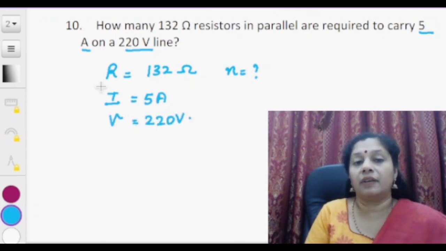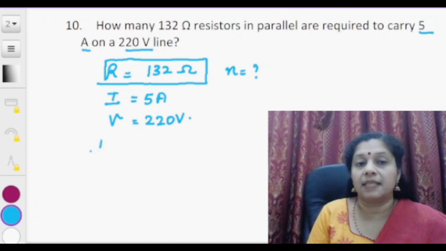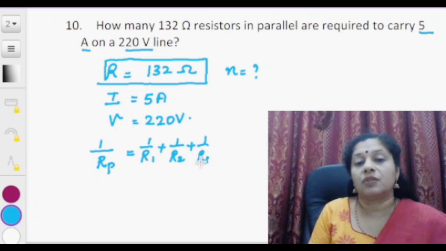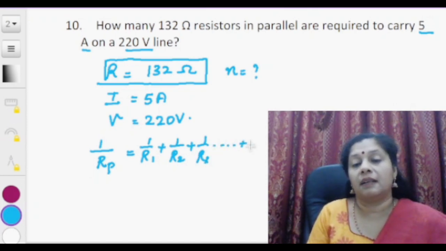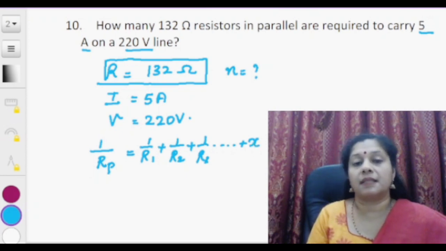So we have to find out how many resistors are required. Since they are connected in parallel, 1 by Rp is 1 by R1 plus 1 by R2 plus 1 by R3, and it will go on till X, because we do not know till where.